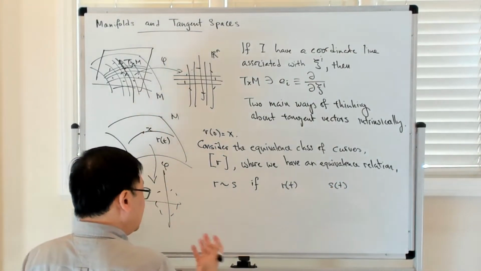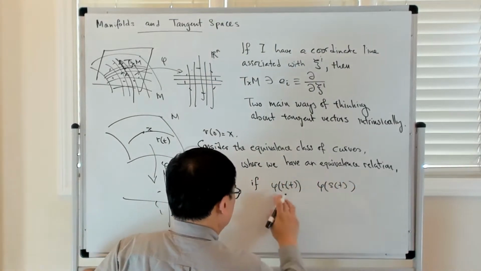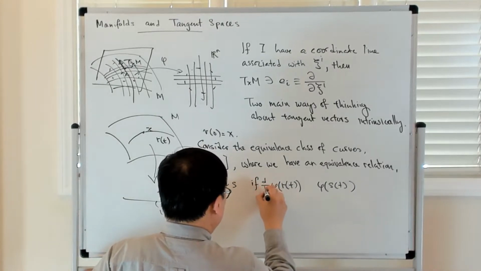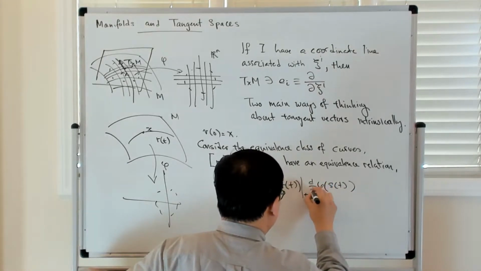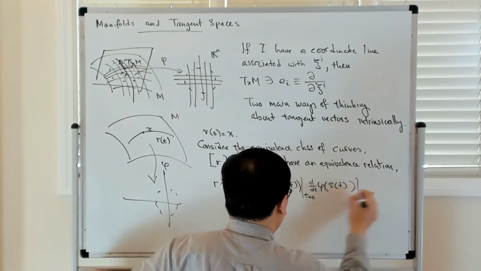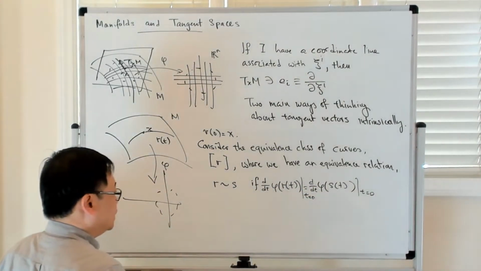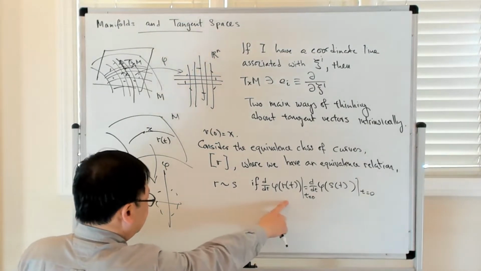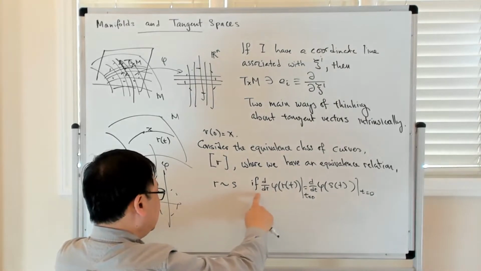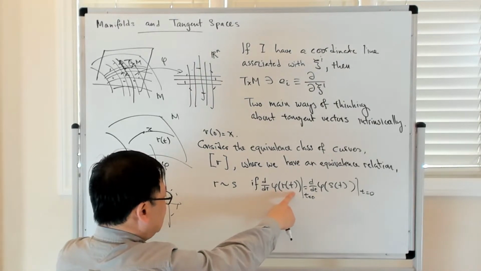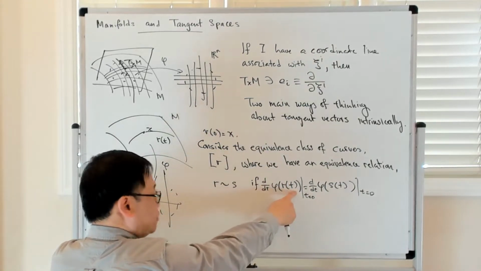I can look at the coordinates associated with that by applying the coordinate chart. So I have something like this, and if I differentiate this at time t equals 0, and I do the same thing for the other piece, if these two derivatives at the level of the coordinate charts are equal, then we say that R is equivalent to S. I can make sense of this because phi composed with R of t is just a curve in R^n, parameterized by t.